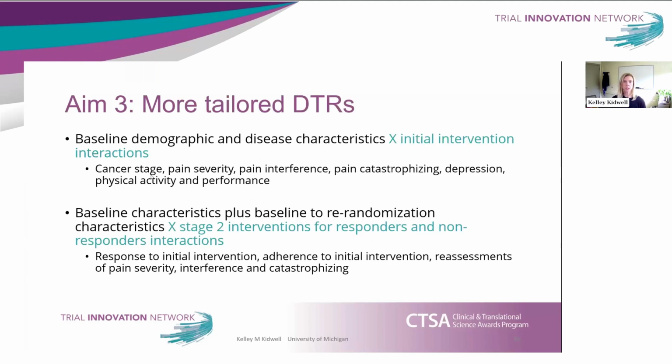So what we're really looking for in these analyses are baseline demographic and disease characteristic interactions with the initial treatment, and also baseline and any characteristic up to the time of second stage treatment assignment interactions with that second stage treatment assignment.